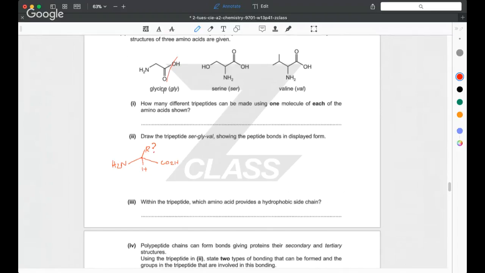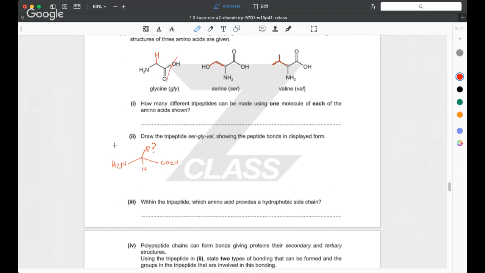Okay, in the case of glycine, that group there is just a hydrogen atom. In the case of serine, the group there is that, isn't it? In the case of valine, the group is that. And we can't see the hydrogen atom, but it's implicit there.